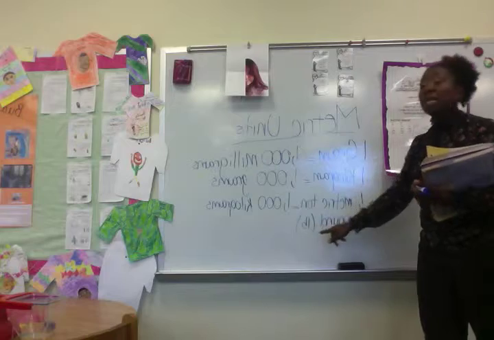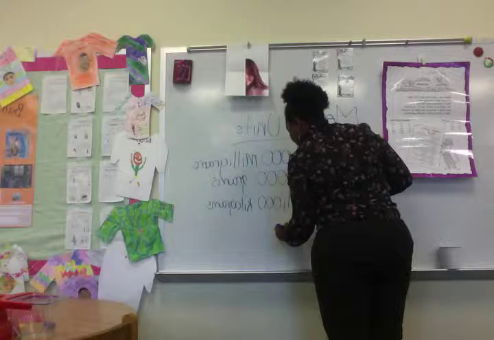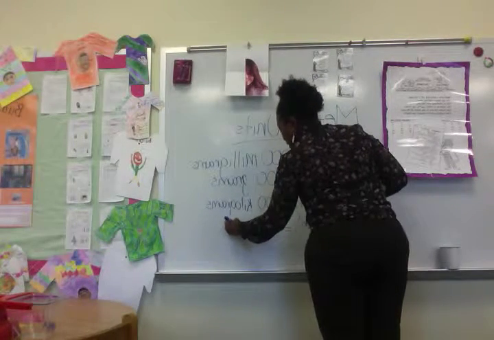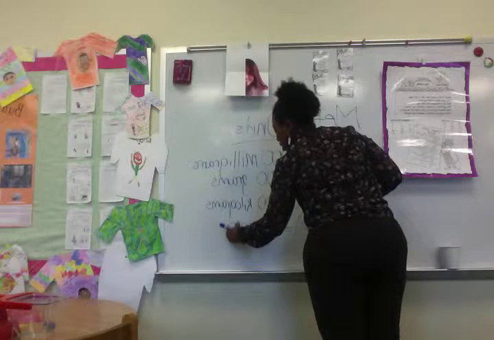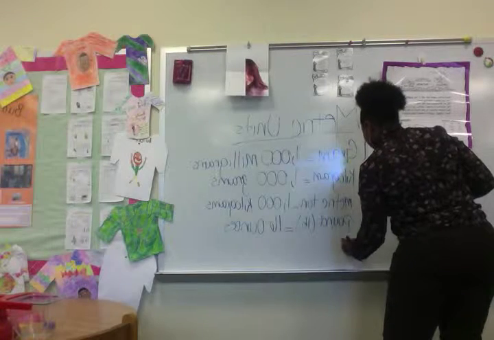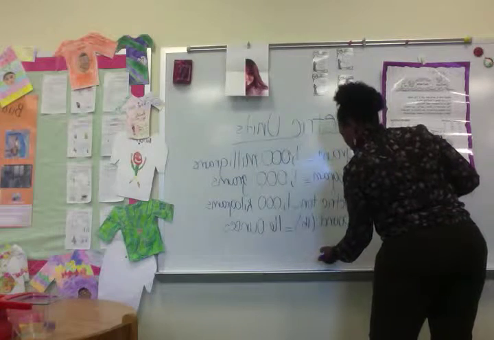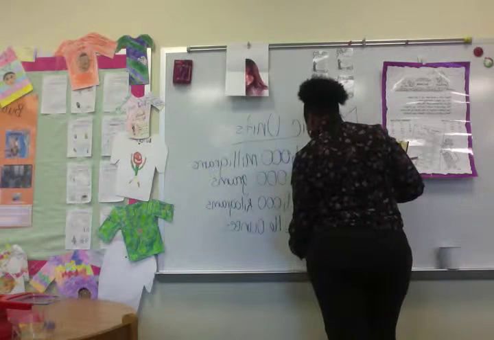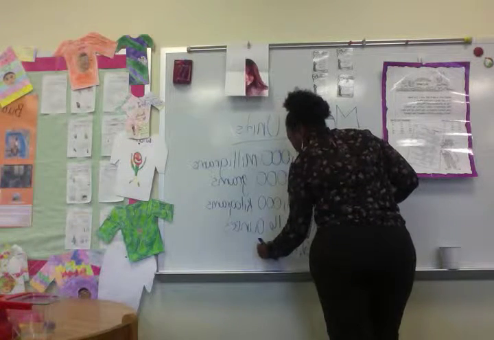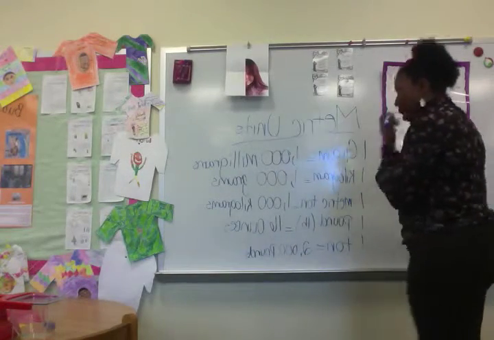Whenever you see this, this means pound, okay? 1 pound is how many ounces? 16 ounces. And 1 ton is 2,000 pounds. Okay.